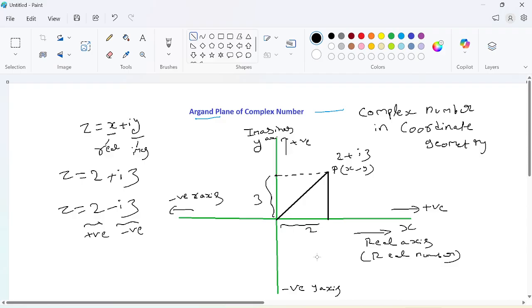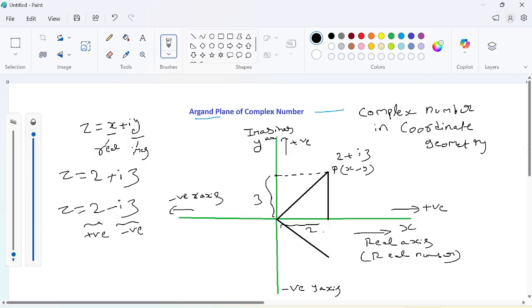So here it will be like this. This will be your 2 minus i3. Here I will represent it like this. Now suppose I have minus 2 minus i3.